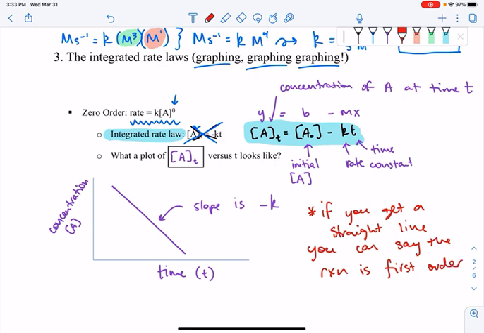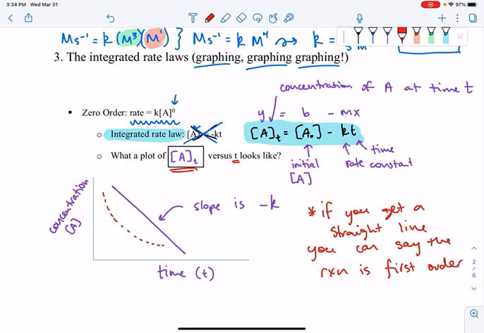What do I mean by that? If you try this for some reactions, you get data, you plot your data, the concentration of A with respect to time. Sometimes you won't get a straight line. Sometimes you'll plot this data, concentration versus time, and you'll get something that looks like this.